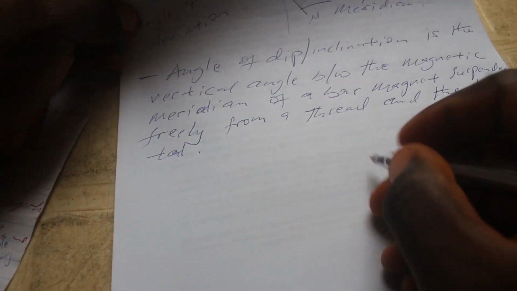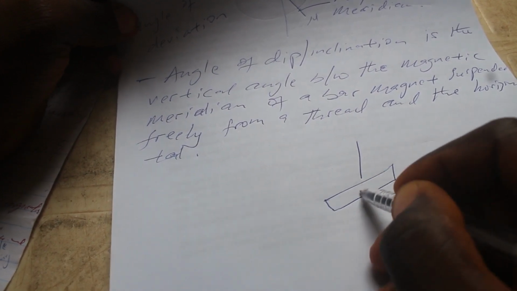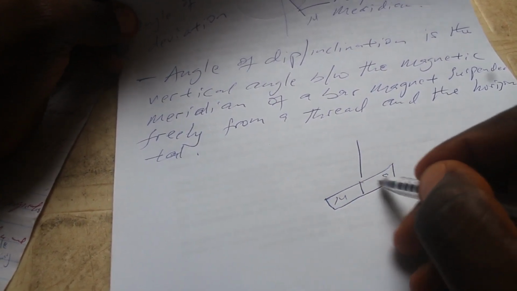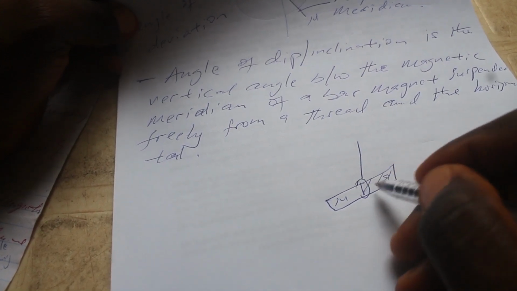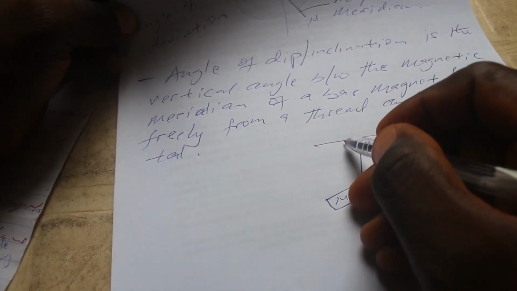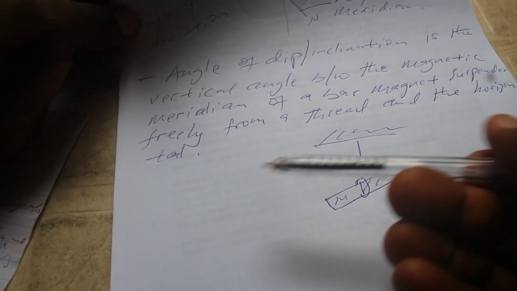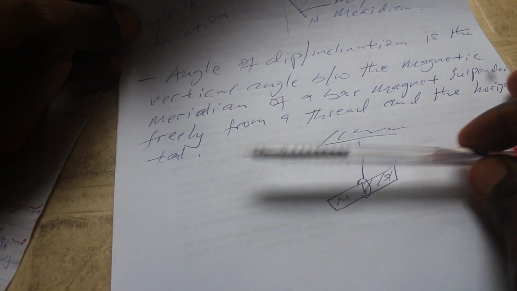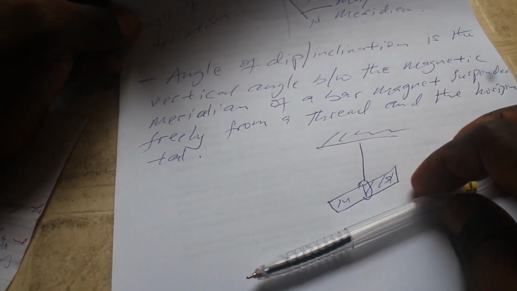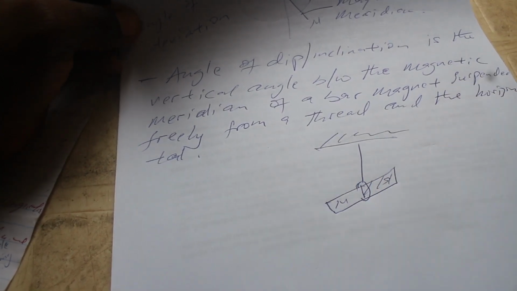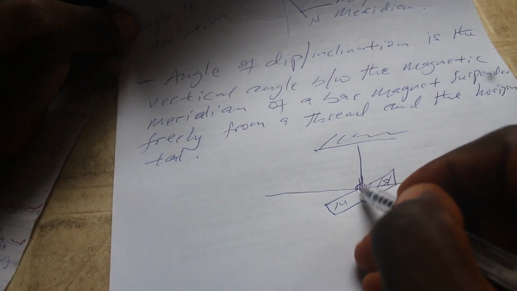Now what we mean by that is this. Let's say we have a bar magnet like this, north, south, and you tie a rope round it, or you tie it to a rigid support. The magnet doesn't come to rest perfectly horizontally. It will always come to rest in such a way that one of its poles will be deep towards the earth, such that it makes an angle with the horizontal plane.